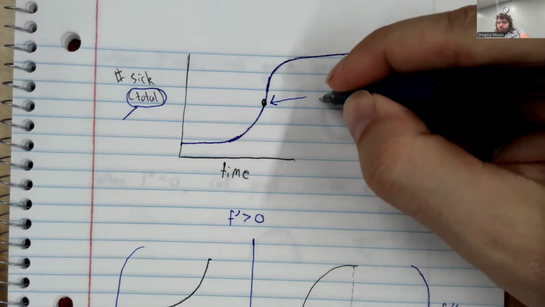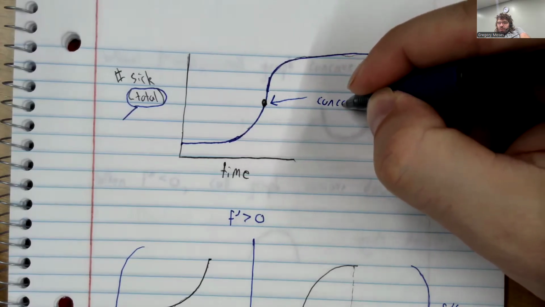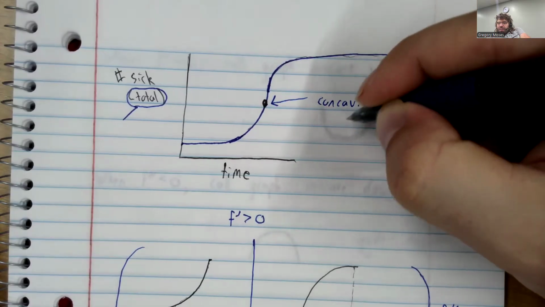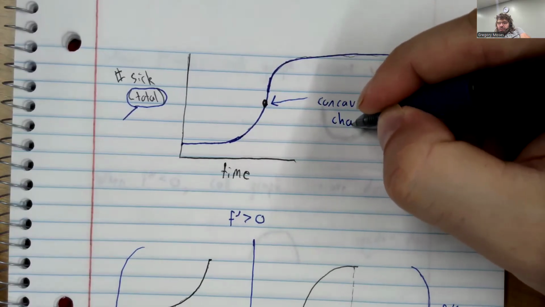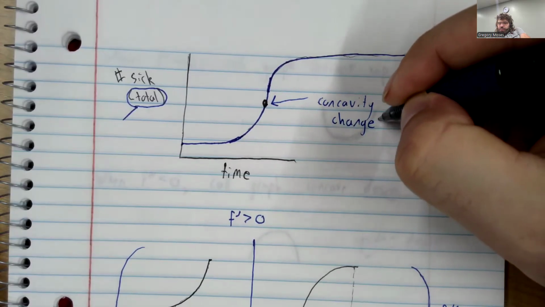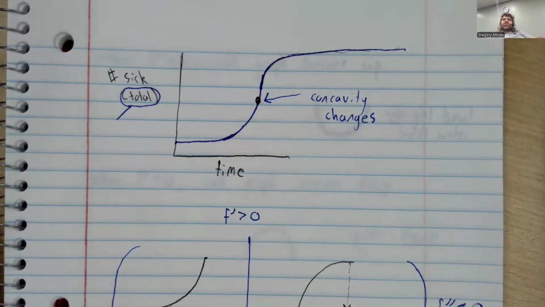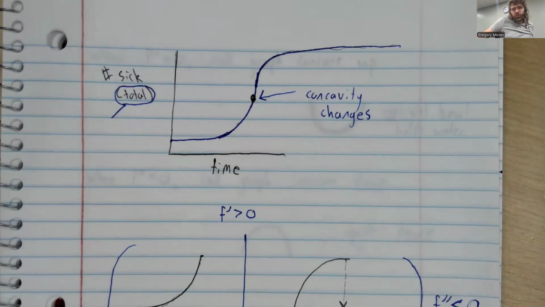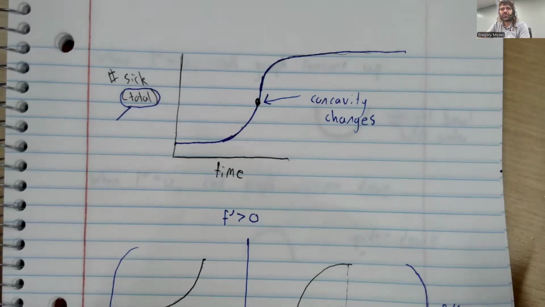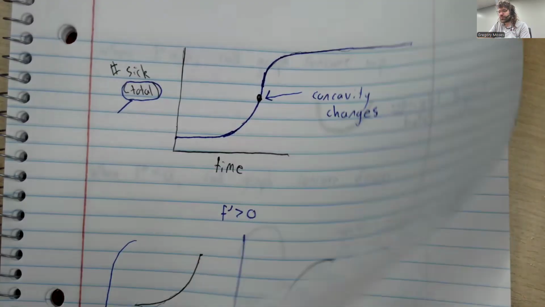So at this point, where concavity changes, well, that's a turning point in the history of this epidemic. It's important. So, since points where concavity change are important, we, of course, want to be able to find them.